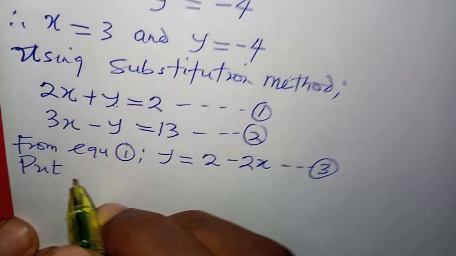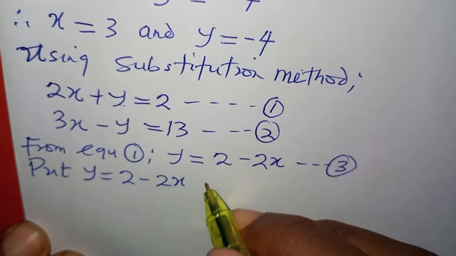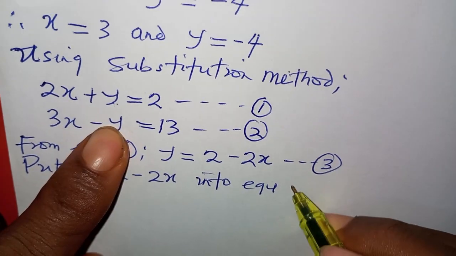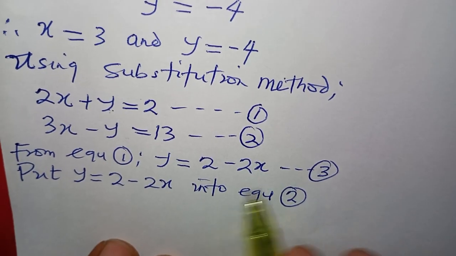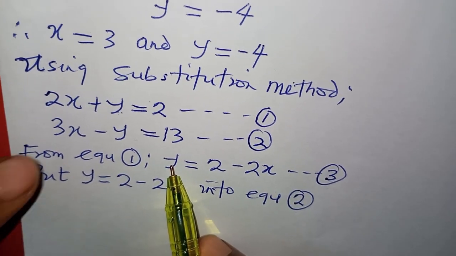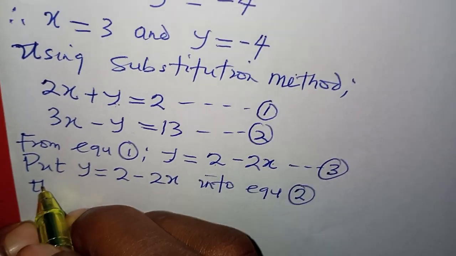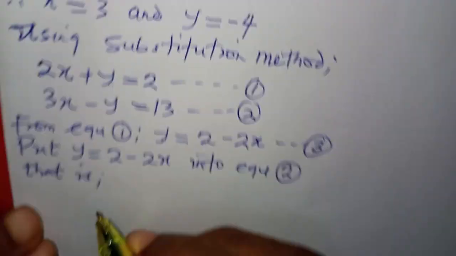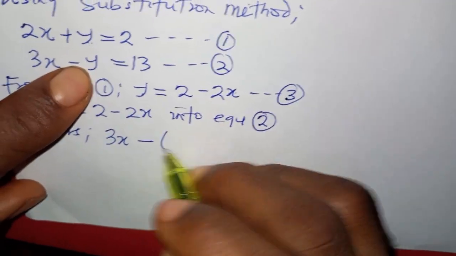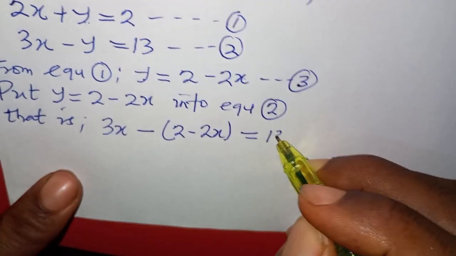So I'm going to put y equals 2 minus 2x into equation 2. That means I'm putting equation 3 into equation 2. So wherever I see y in equation 2, I put 2 minus 2x. That is, I have 3x minus, so y is 2 minus 2x, equals 13.